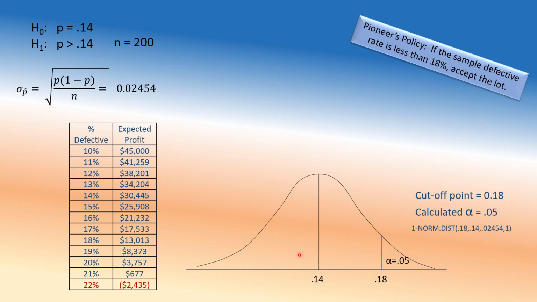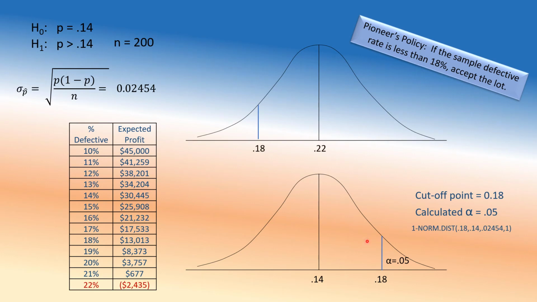So here is our second normal distribution. Here are the numbers. Mean is 0.22 because this is 22% defective. What's the probability we'll get 18% or less defective? That's it. Let's find it. There we are. We use the normal distribution again here.